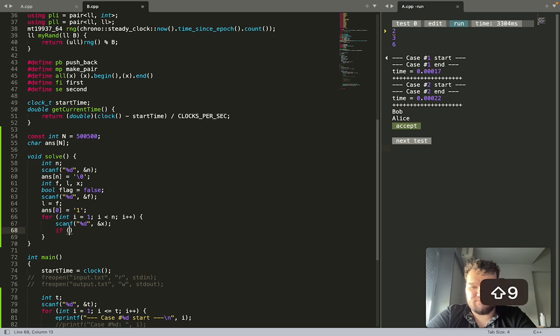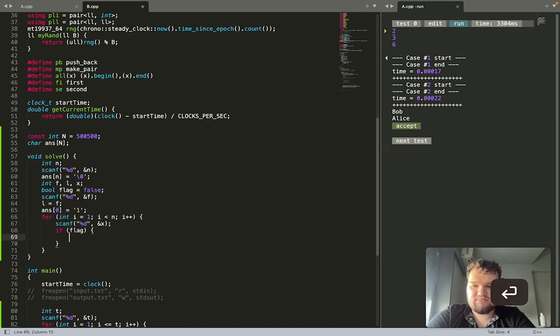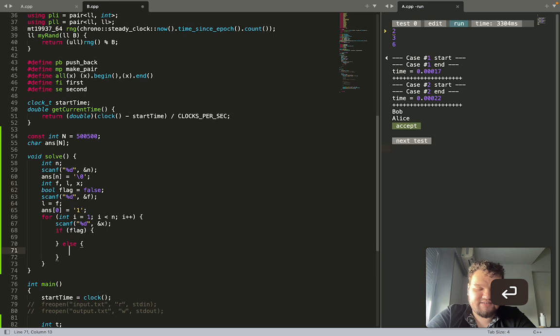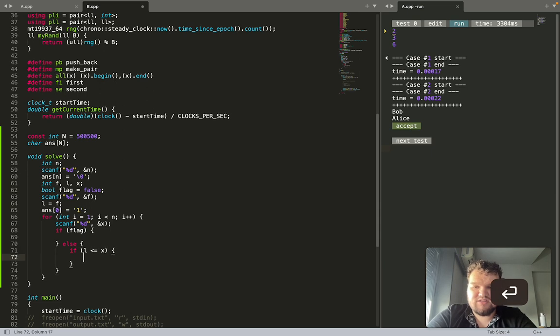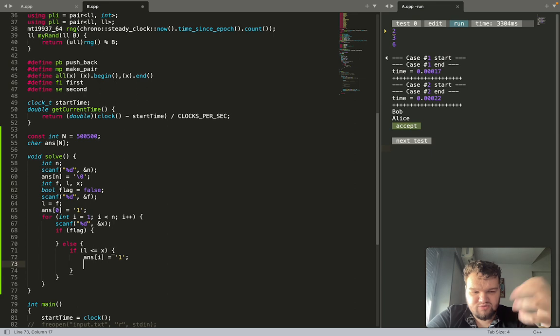So we will have two different cases, whether we are in the first stage or in the second. So here's the first stage, and if x is at least the last element, then we will push it back, and we will stay in the first stage, and the last element is now x.